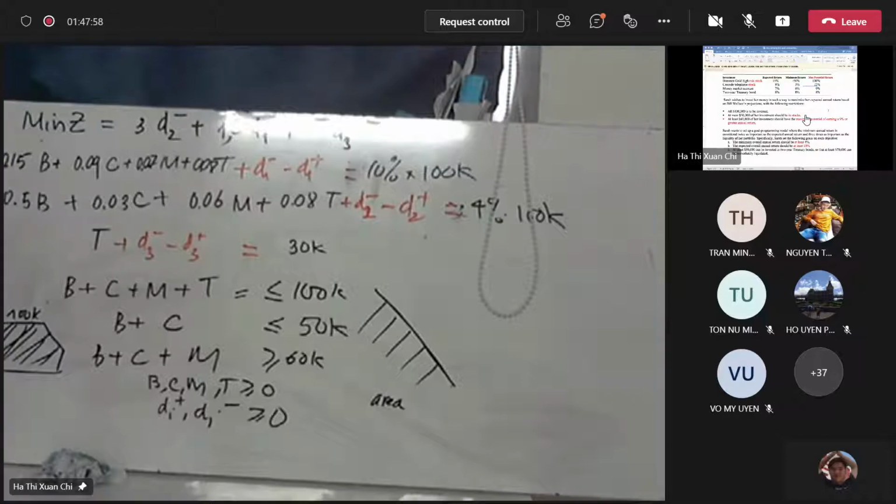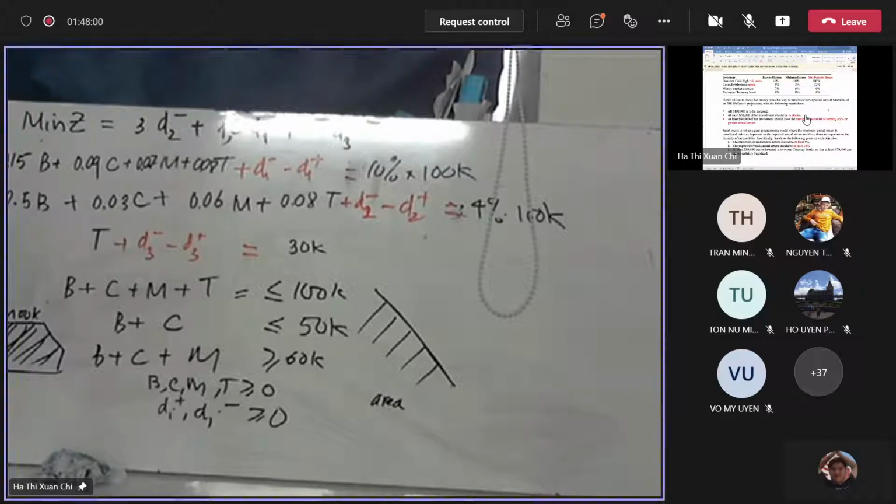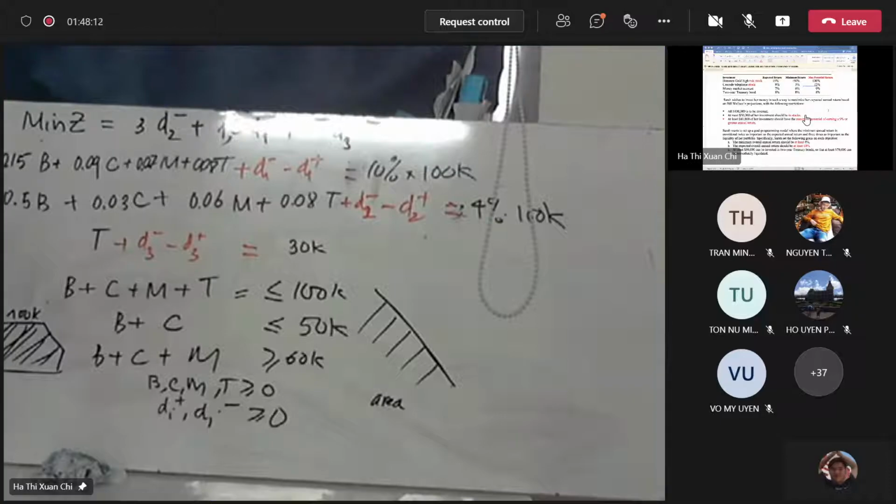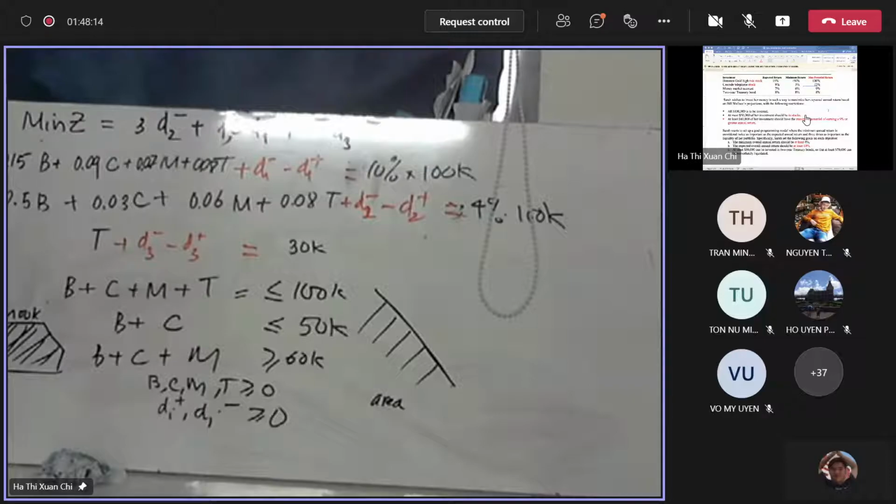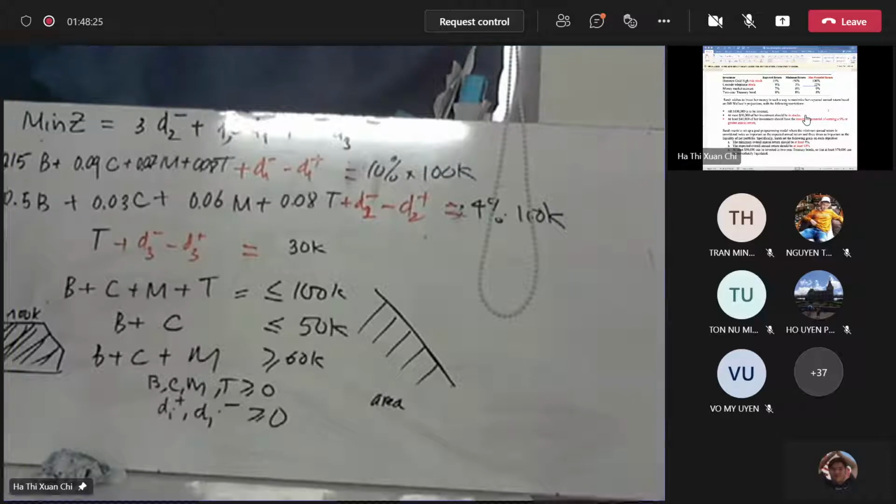Here you can choose the best, maybe close to the ideal, but you can insert some criteria. For example, here is the efficient solution, right? But I have just 10,000.